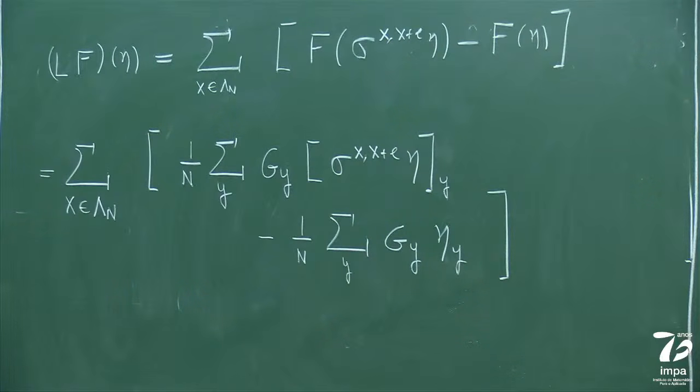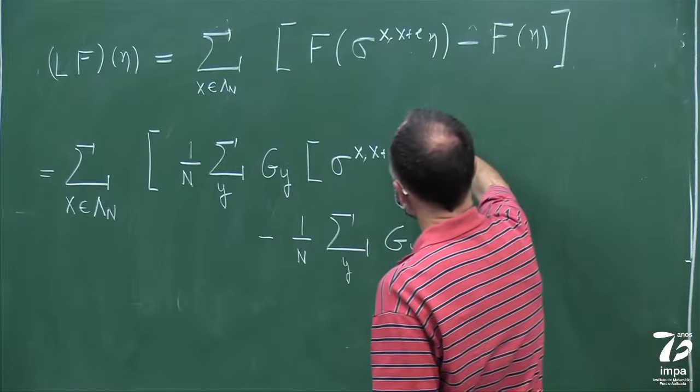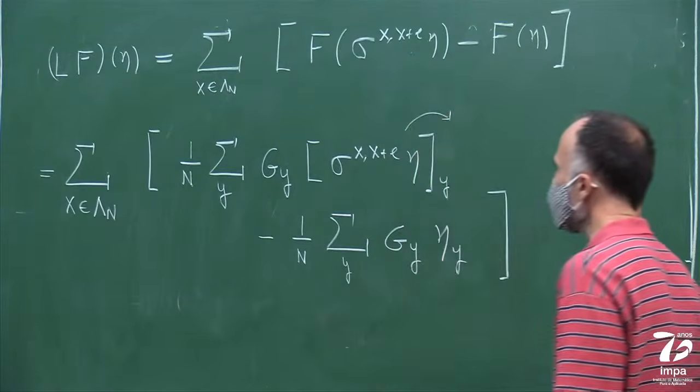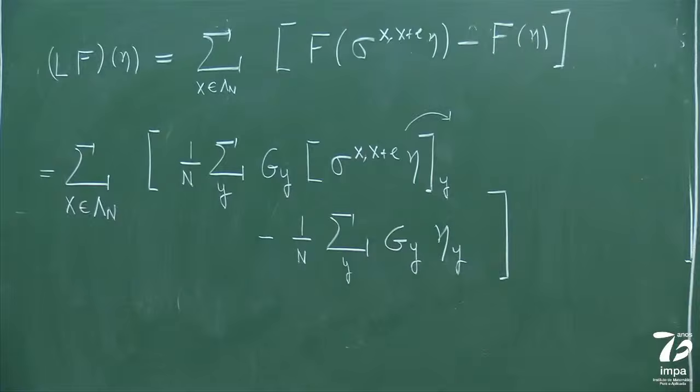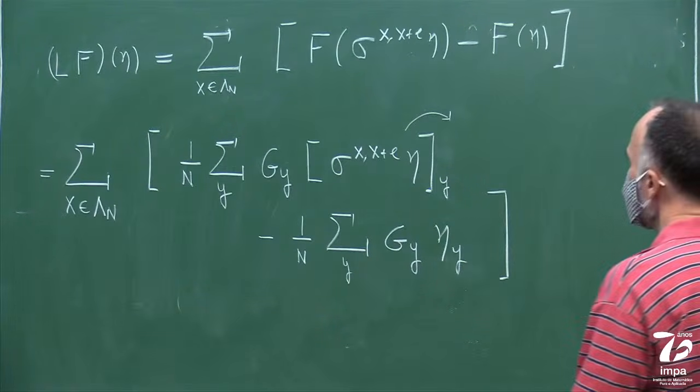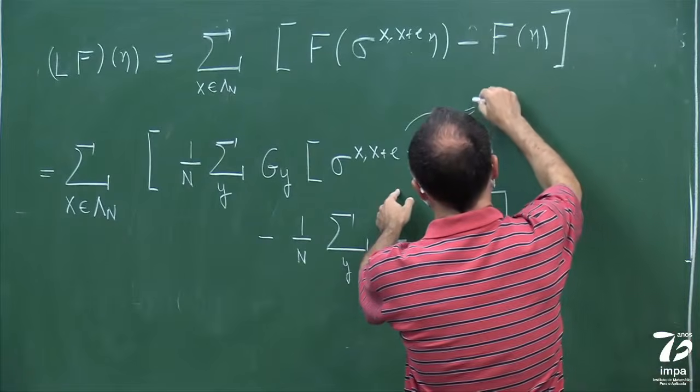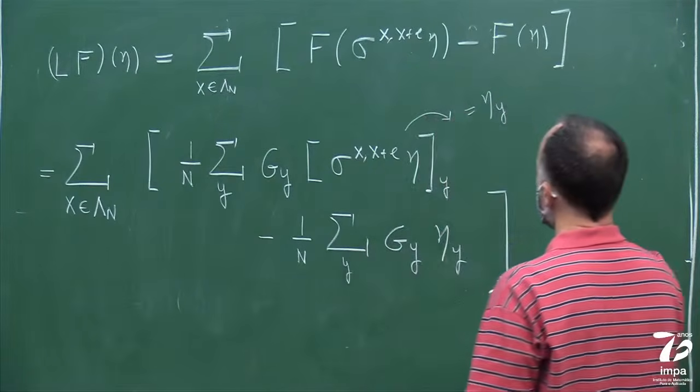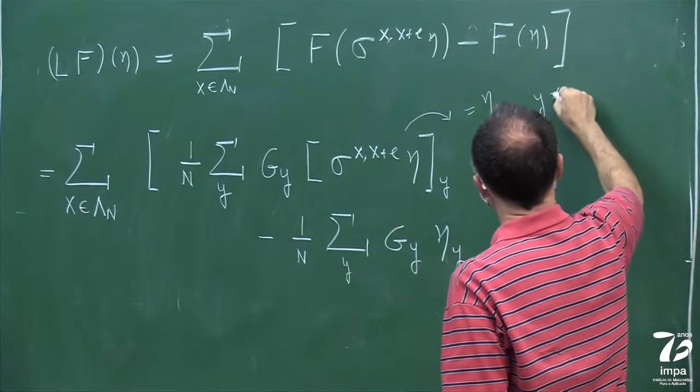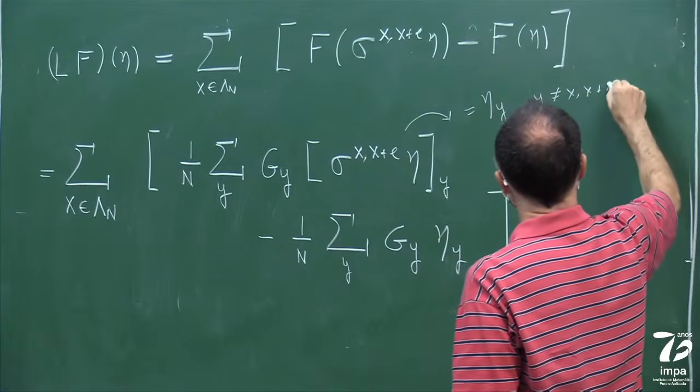And what do we know about this difference of this new configuration? Well, this new configuration coincides with eta everywhere but at the sites x and x plus e. Okay? So this is equal to eta y if y is different from x and x plus e.